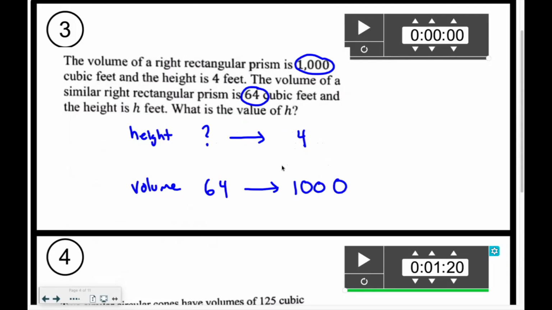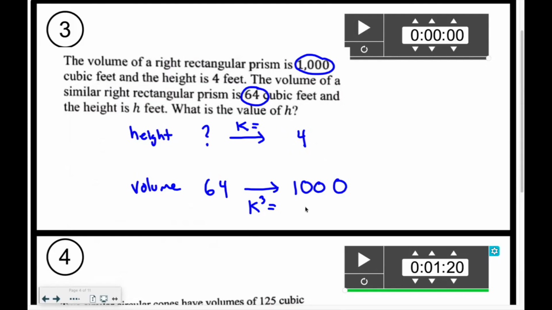So the way this works, again, in general, is that the height would get multiplied by whatever k is, and the volume will get multiplied by whatever k cubed is. So that's, again, the concept that we just went over. What we have to know is that any single dimension gets multiplied by the scale factor, and volume gets multiplied by scale factor cubed.